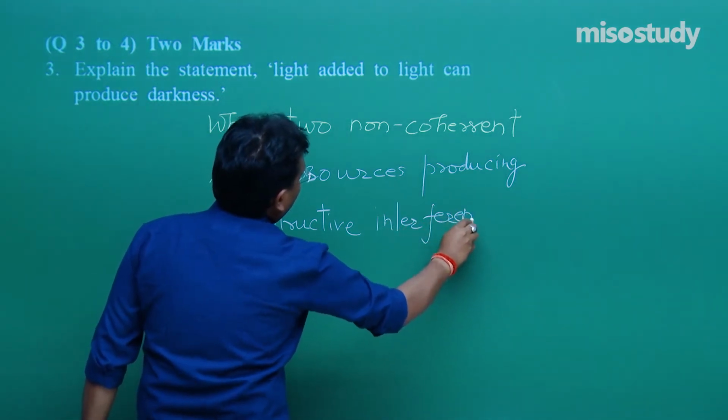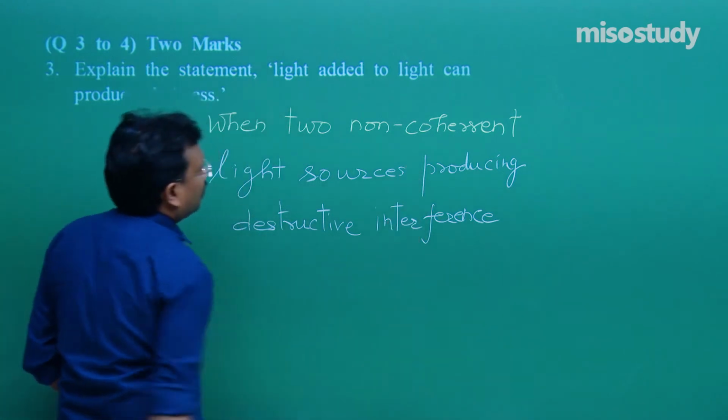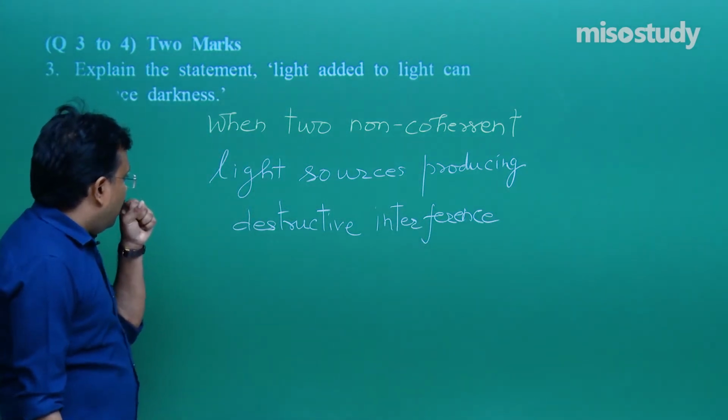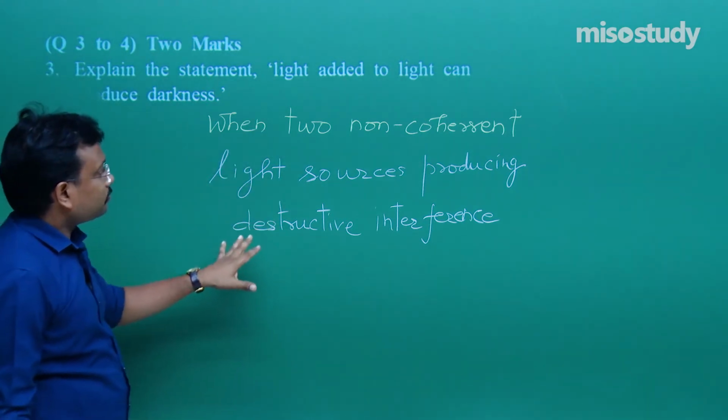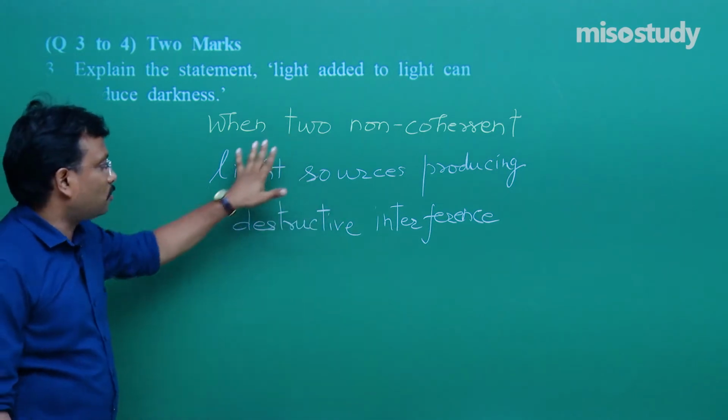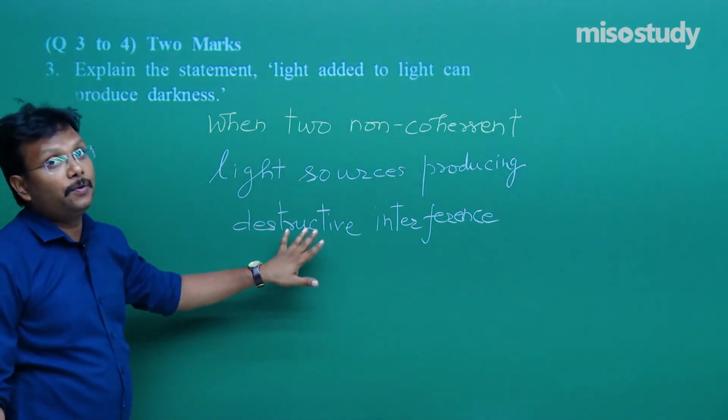So, basically, rather than talking like this, explain destructive interference. In this question they asked, when you add light with light, you will get darkness. So, this is the condition, destructive interference.